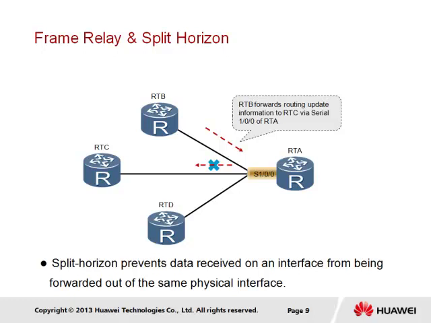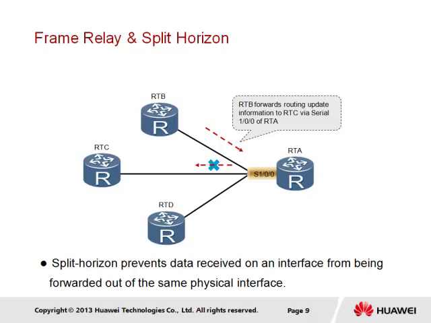In the example shown here, we can understand that a circuit exists between RTB and RTC via RTA. RTA, however, only has a single physical link to the frame relay network in the form of interface serial 1/0/0. However, the circuit behavior means that traffic must both be received and forwarded over the same link.